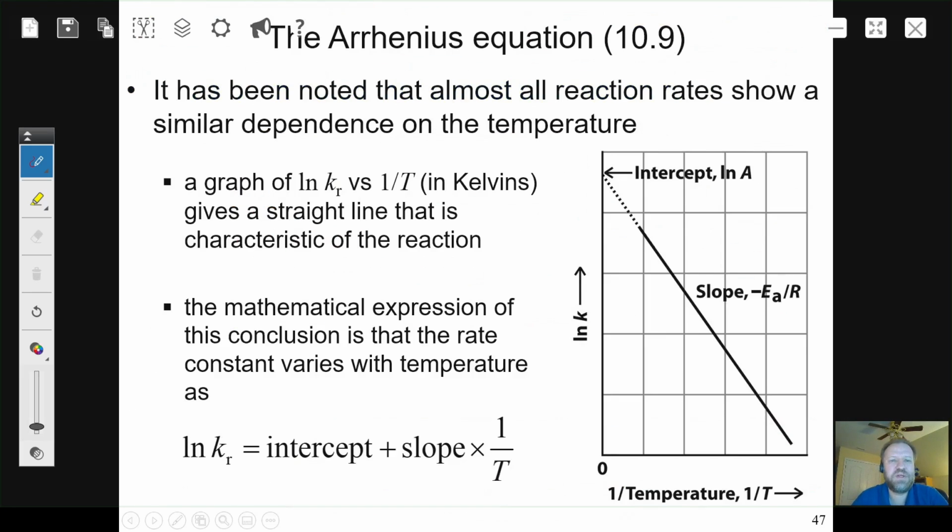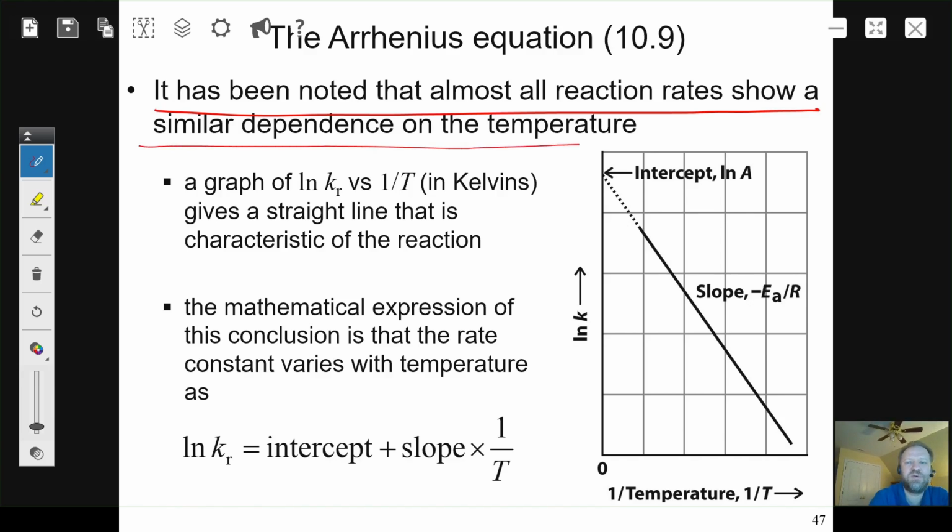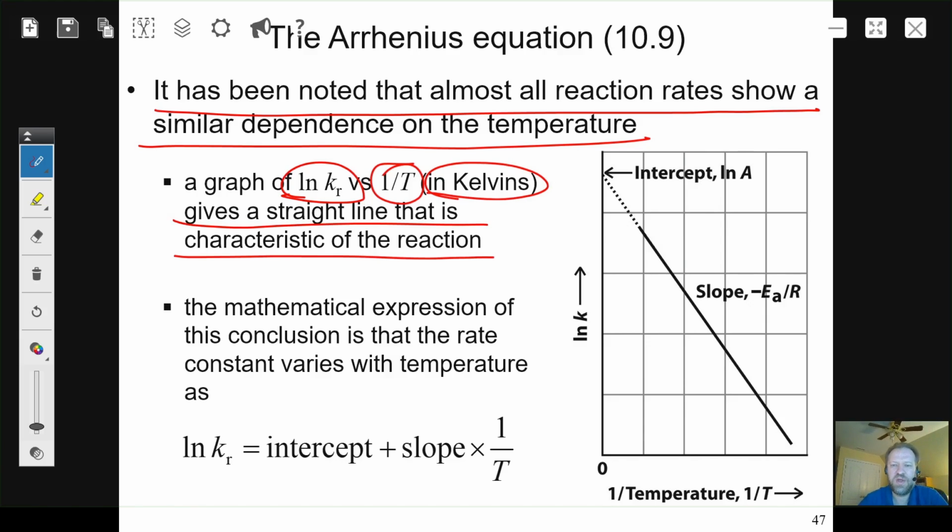The experimental evidence suggests that almost all reaction rates show a very similar dependence on the temperature. Indeed, it has been pointed out that a graph of the natural log of the rate constant plotted as a function of inverse temperature, where temperature has to be in kelvins, should give a straight line that will be characteristic of the reaction.